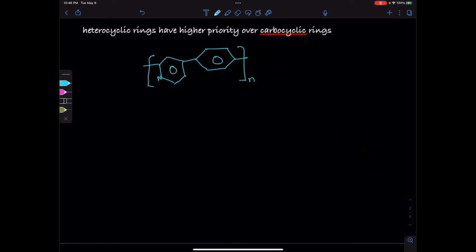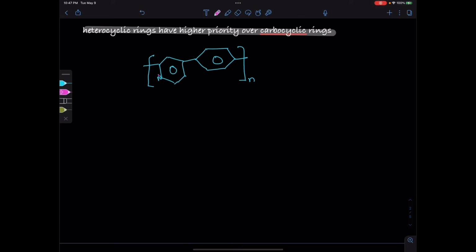Let's try to name this compound. The rule says that heterocyclic rings have higher priority over carbocyclic rings, which means we have to name the pyridine ring before we name the benzene ring. Now, how do we number?